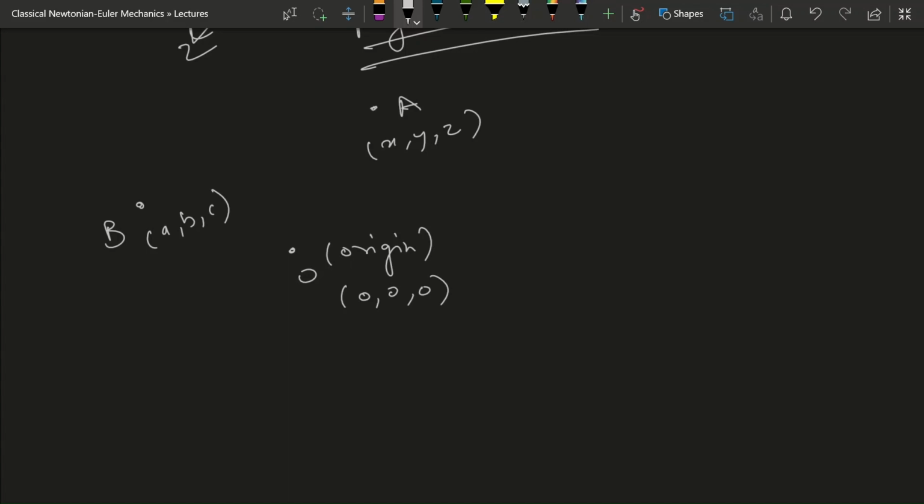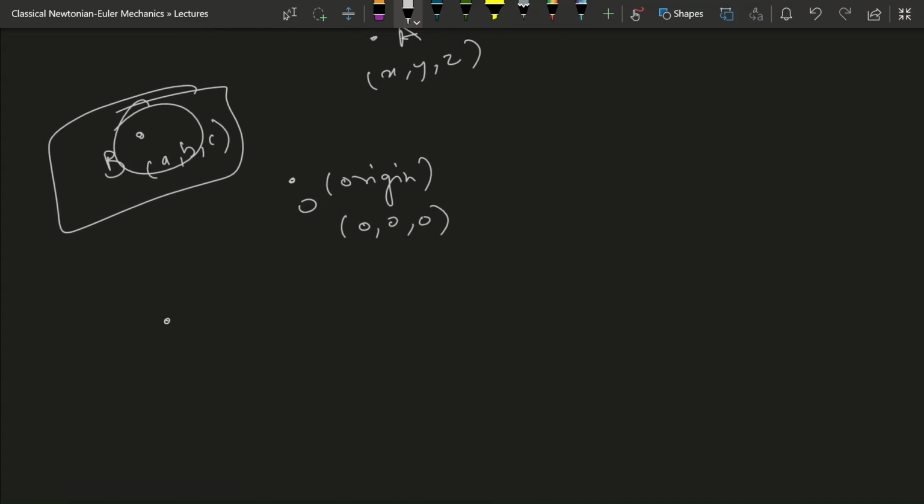Okay, what if I assumed B as the origin? There's nothing wrong. Every point in space is identical. You cannot differentiate between any points in terms of their properties. Every point in space is identical in terms of properties. So B can also be assumed as the origin. There's nothing wrong.